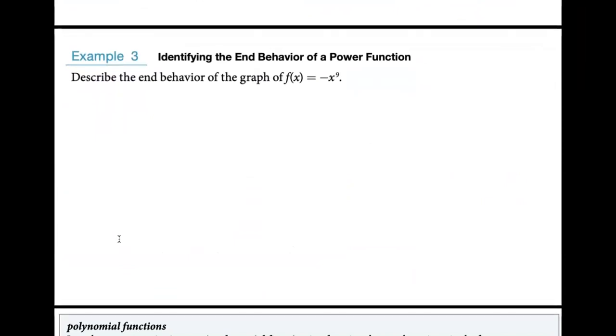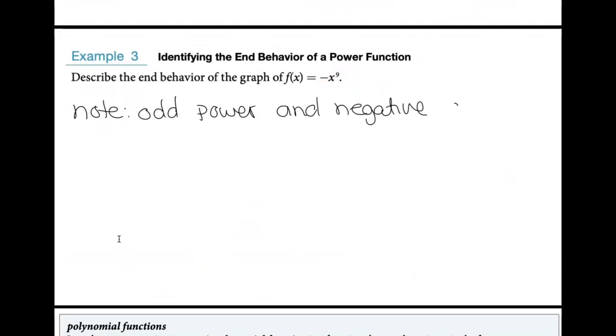All right, so notice here we have an odd powered function, and k is negative. So note: odd power and negative coefficient. So the function will look something like this. I don't care what happens towards the middle.